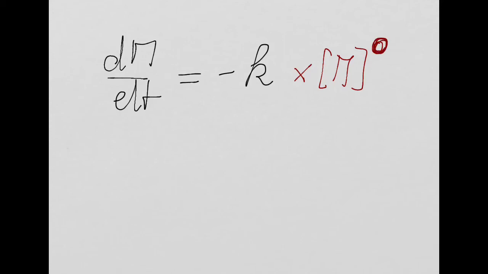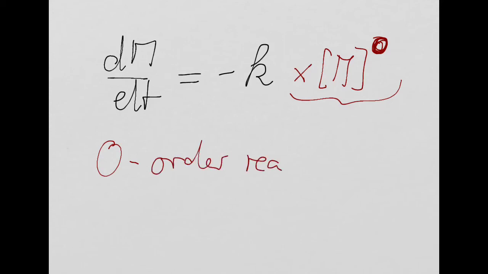Well done. Why can we write that? Exactly. Anything to the power of 0 is 1. So this thing here will disappear more or less. It becomes 1. Anything multiplied by 1 is the same thing. So what would you call this order, or this reaction? It's a zero-order reaction.